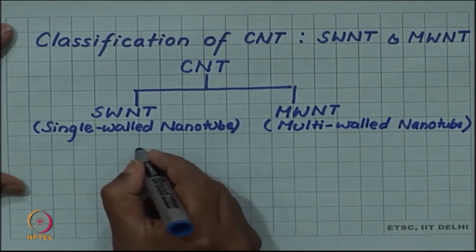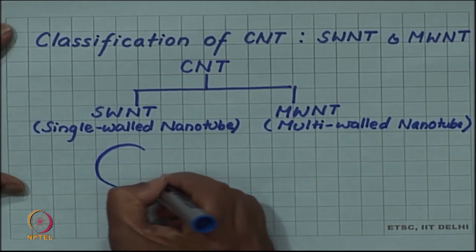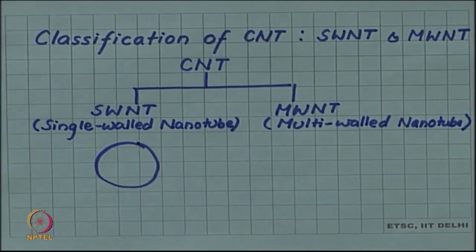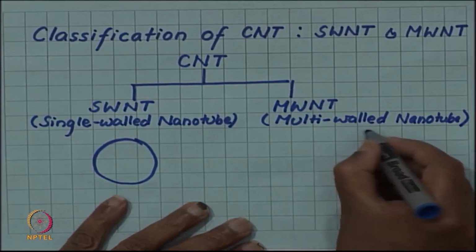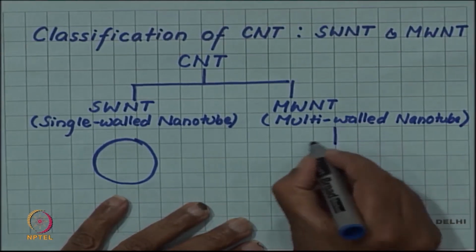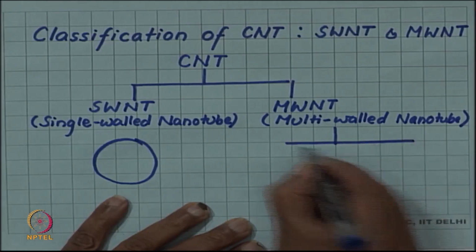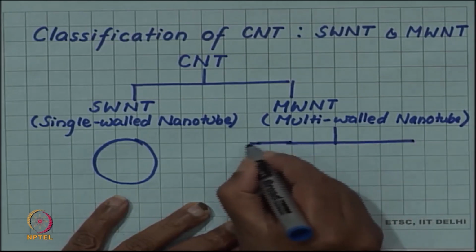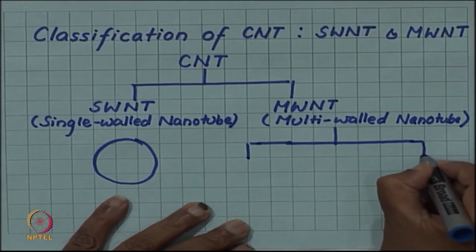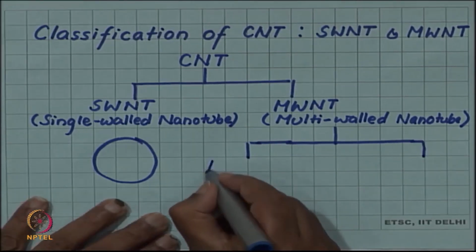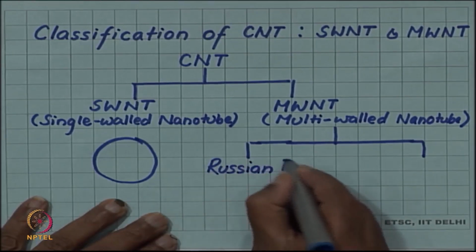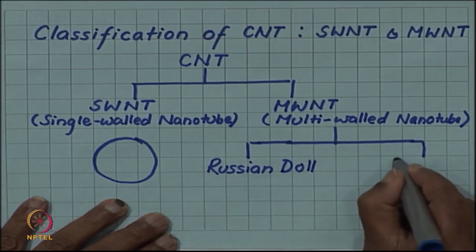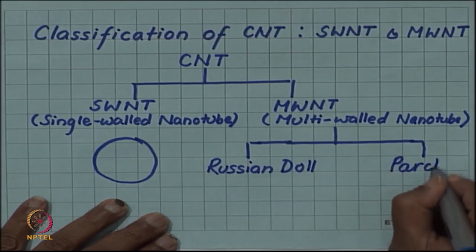In a single walled nanotube, a single graphene sheet is rolled into a tube form. So, you have a single tube, and that is called a single walled nanotube. A multi walled nanotube has several walls, and can again be classified into two types depending on its structure. One is called, interestingly, the Russian doll structure, and another the parchment structure.